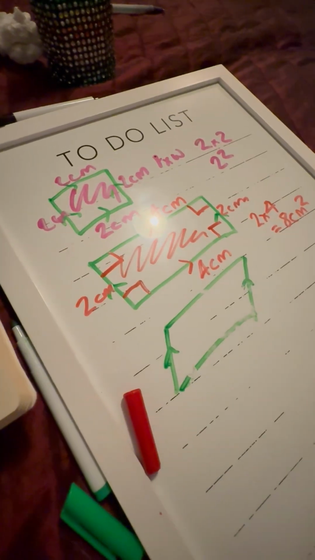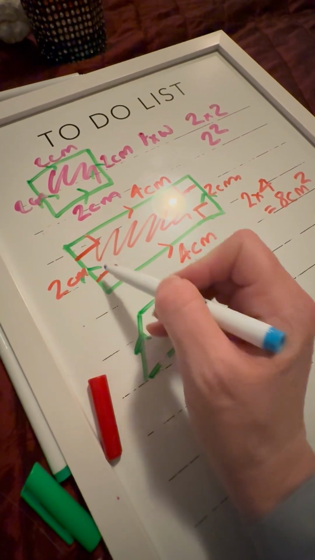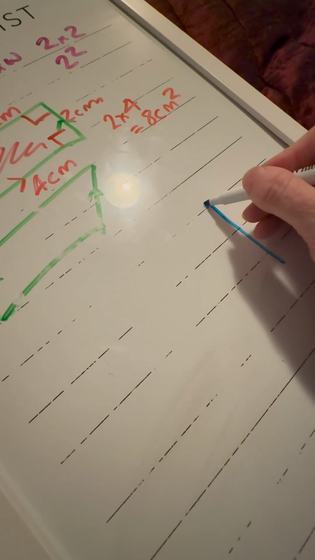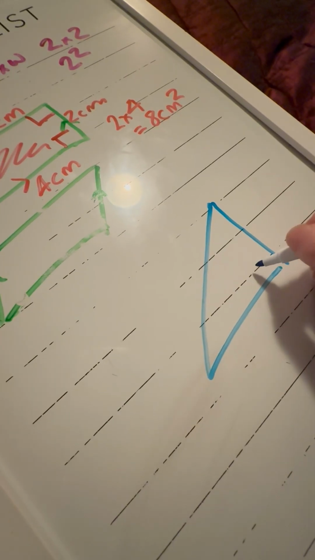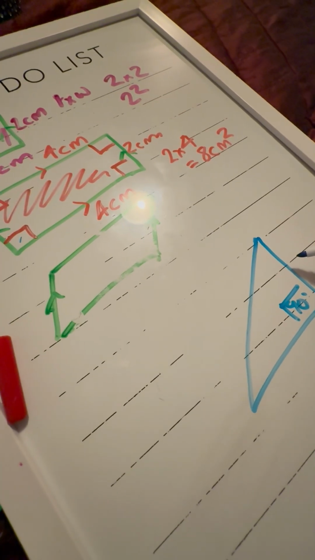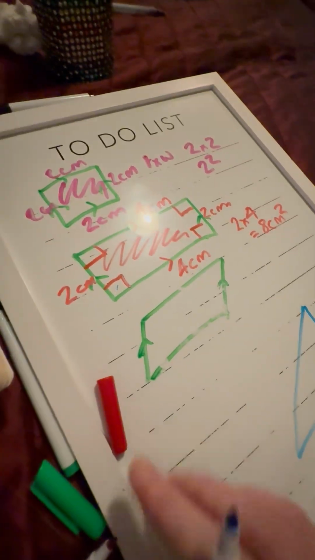Now, a right angle doesn't necessarily mean it's on the right. See, this one's up here on the left. It's a right angle. This is a right angle. This would be a right angled triangle. This is 90 degrees. Don't know why it's called a right angle. 90 degrees is a right angled triangle.